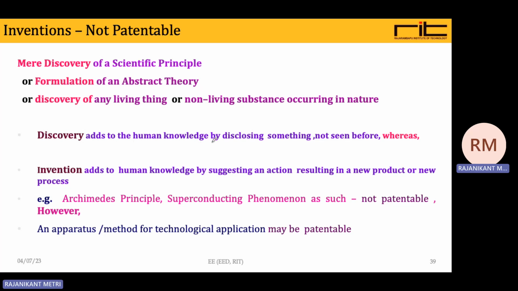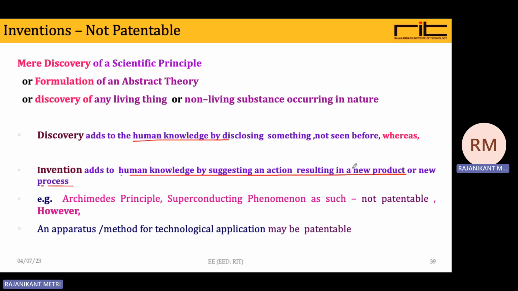Now, discovery adds to human knowledge by disclosing something, whereas invention adds to human knowledge by suggesting an action. A discovery discloses something which was not seen earlier, whereas an invention suggests an action resulting in a new product or new process. So that is the invention.